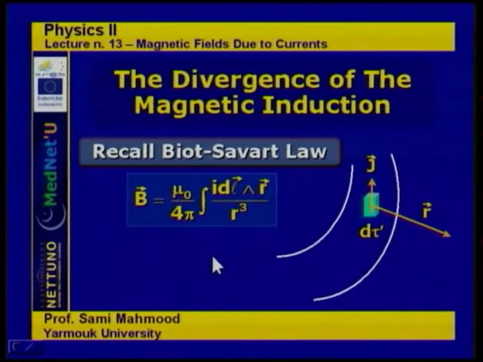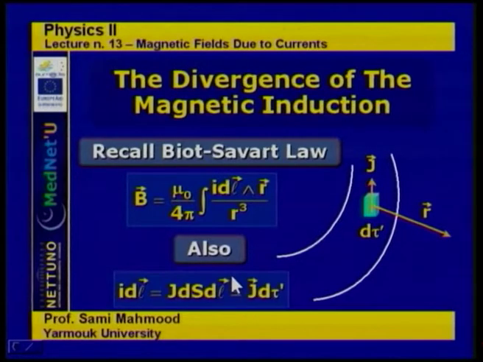If we also recall the Biot-Savart law, B is equal to mu naught over 4 pi times I dl cross R over R cubed as usual. And also we have I dl is equal to the current density J times the cross-sectional area times the length dl.